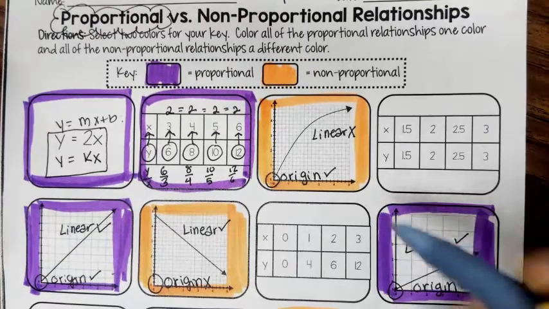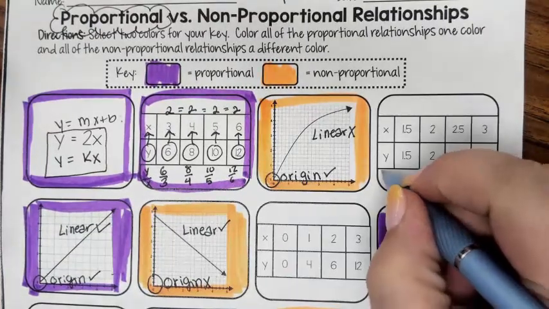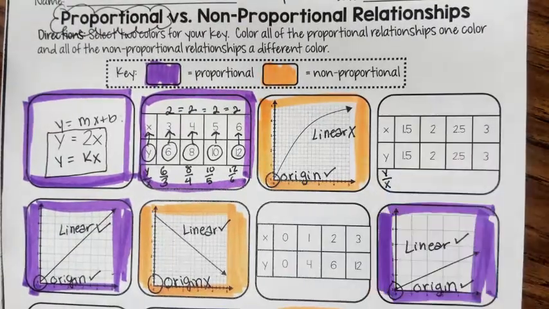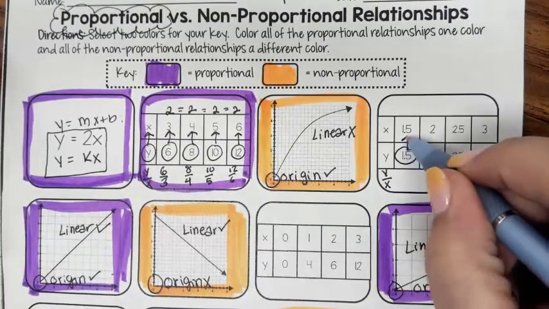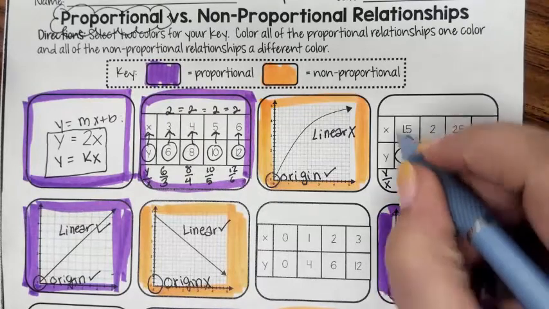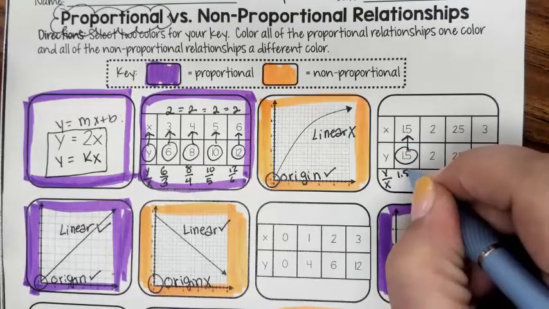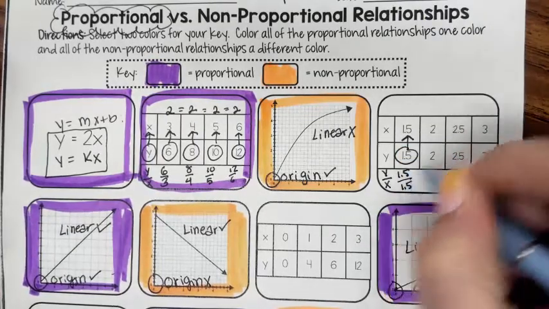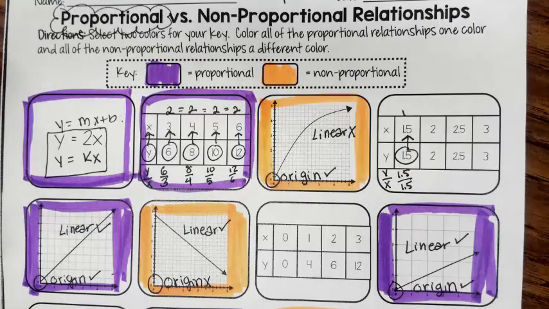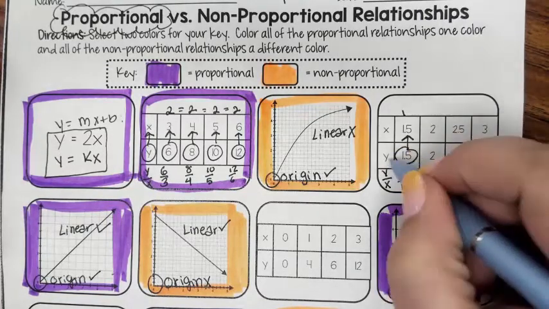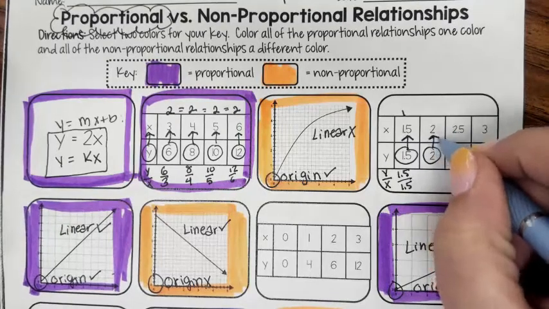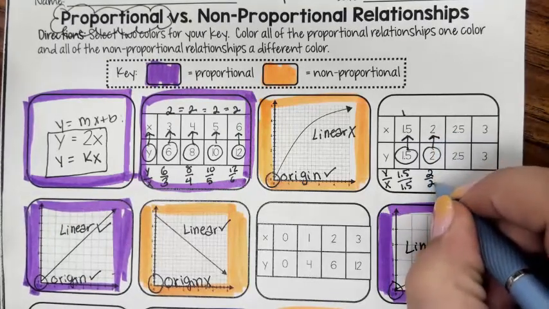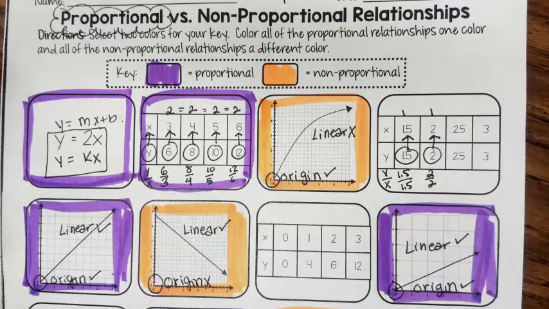Looking at the next table, we need to compare the ratios y divided by x. This is 1.5 divided by 1.5, which is 1. The next y over x is 2 over 2. 2 over 2 is 1.